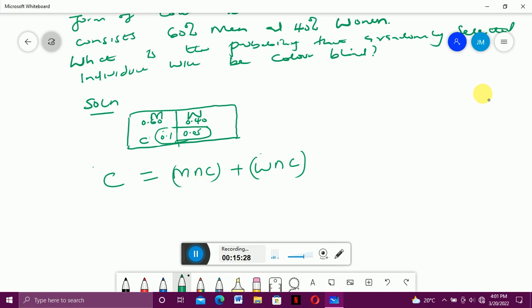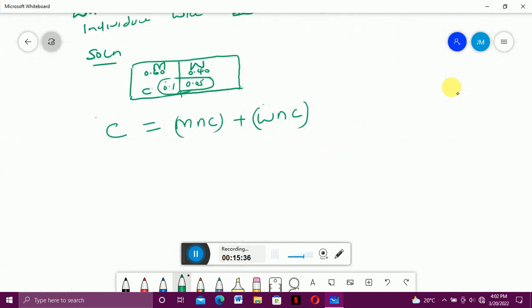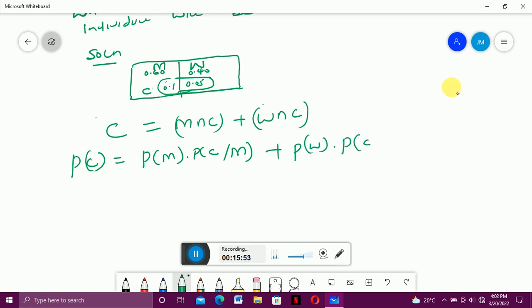So you can be a man and colorblind, or a woman and colorblind. So the probability of being colorblind is probability of being a man times probability of being colorblind given that you are a man, plus probability of being a woman times probability of being colorblind given that you are a woman.